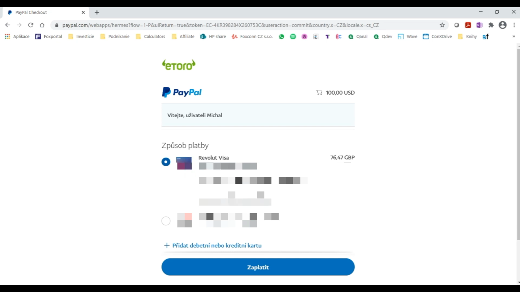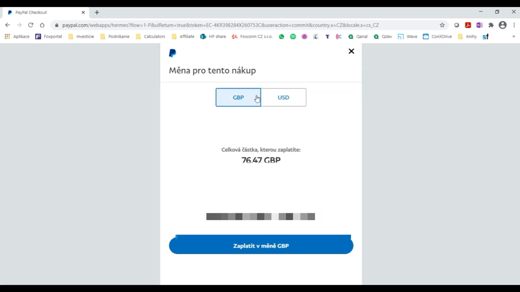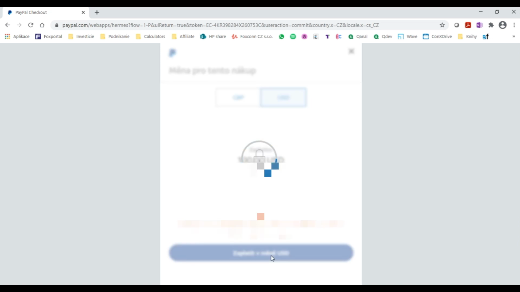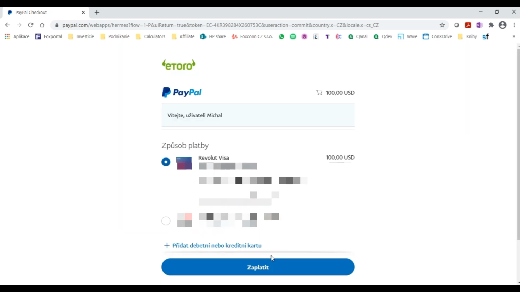And what is very important is to change the currency. So I'm changing it from GBP to USD dollars and pay in USD dollars. Again, confirm to pay.